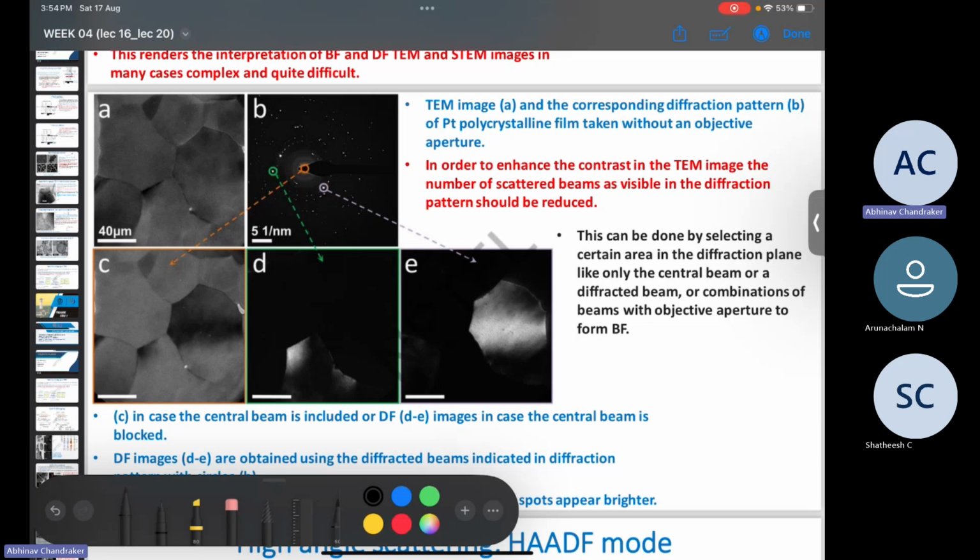Here in image A, we have a TEM micrograph of some region of a specimen, and image B shows the diffraction pattern. So you can see lots of bright white dots arranged in a particular fashion.